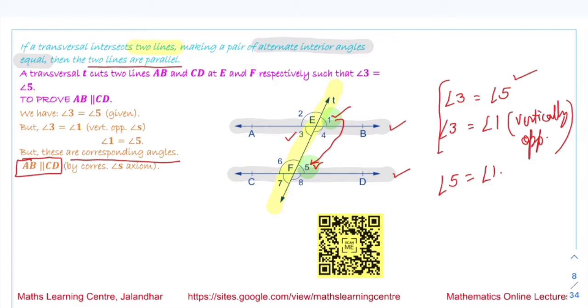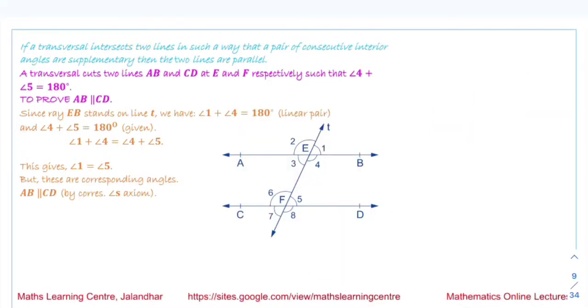Similarly, next we have: if a transversal intersects two lines, again two lines are given, it is not given that they are parallel. So we are saying the two lines are AB and CD. The transversal that intersects over here is T, in such a way that a pair of consecutive interior angles are supplementary.